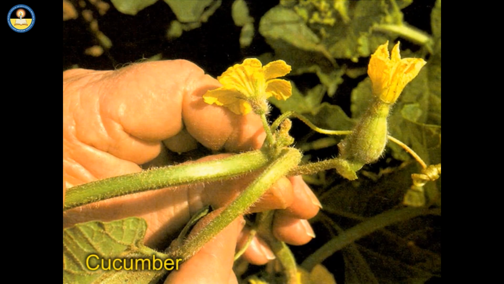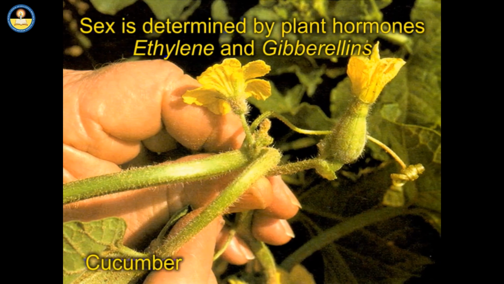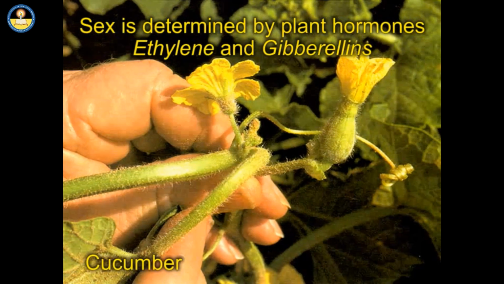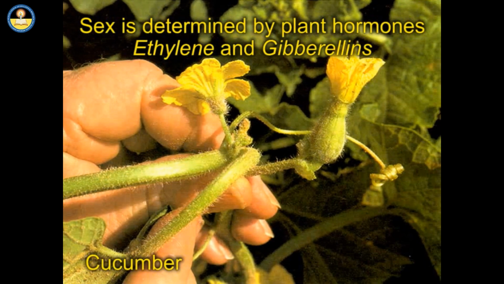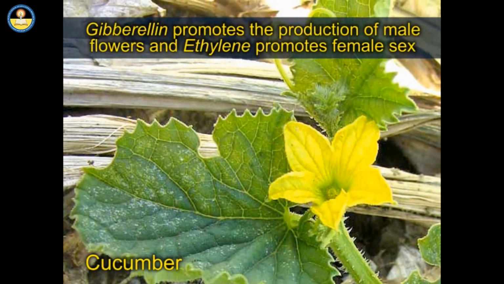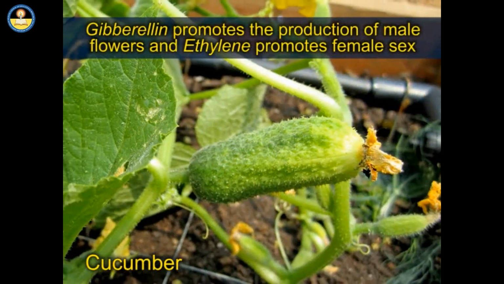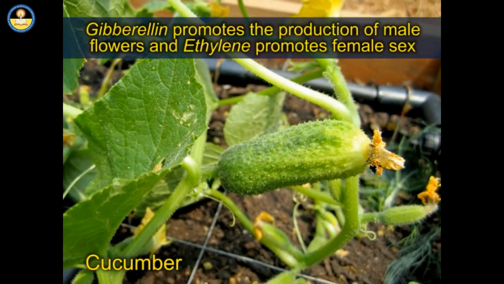It has been found that sex is determined by the concentration of plant hormones ethylene and gibberellins. Gibberellins promotes the production of male flowers and ethylene promotes female sex.